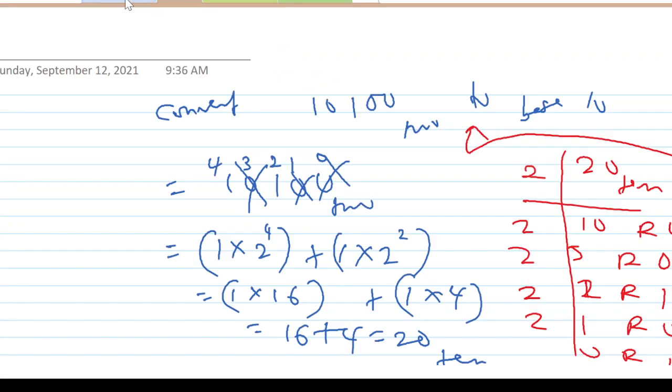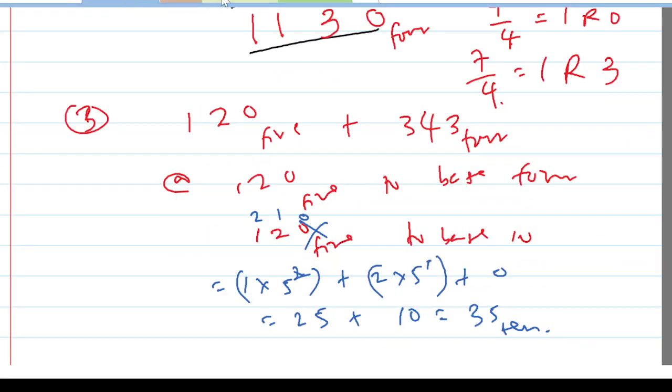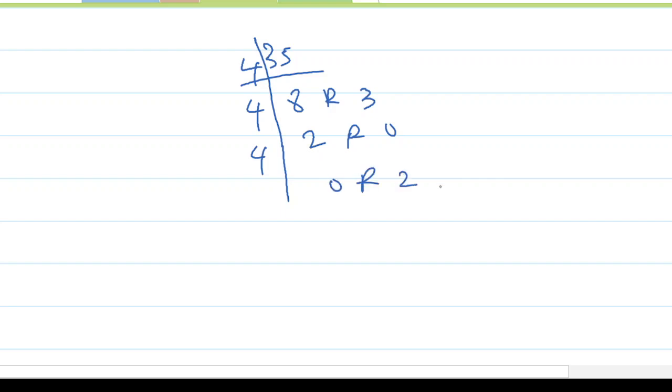Then I can now convert this 35 base 10 to base 4. So to convert it to base 4, I'm going to divide by 4 repeatedly until I have a number that cannot go again. 4 in 35, that's 8 remainder 3. 4 in 8, that's 2 remainder 0. 4 in 2, that's 0 remainder 2.